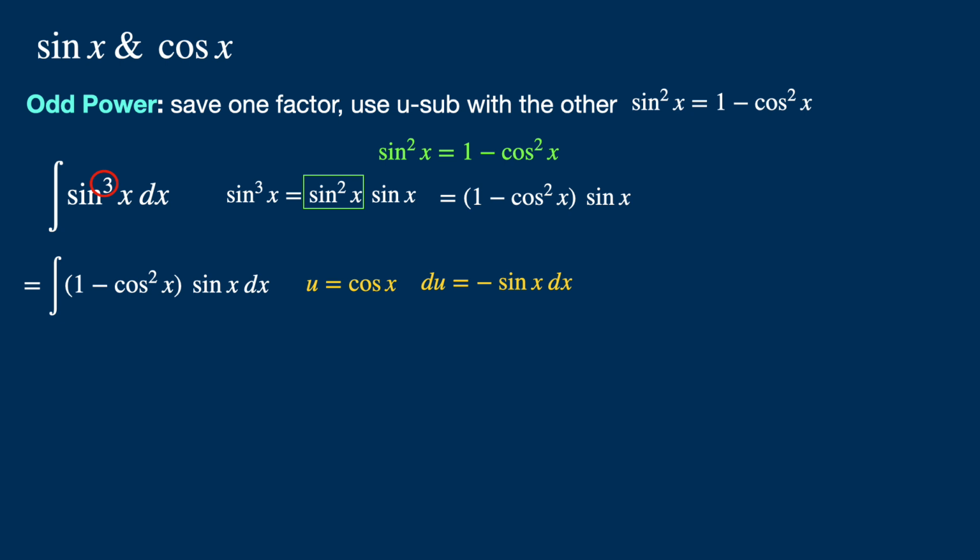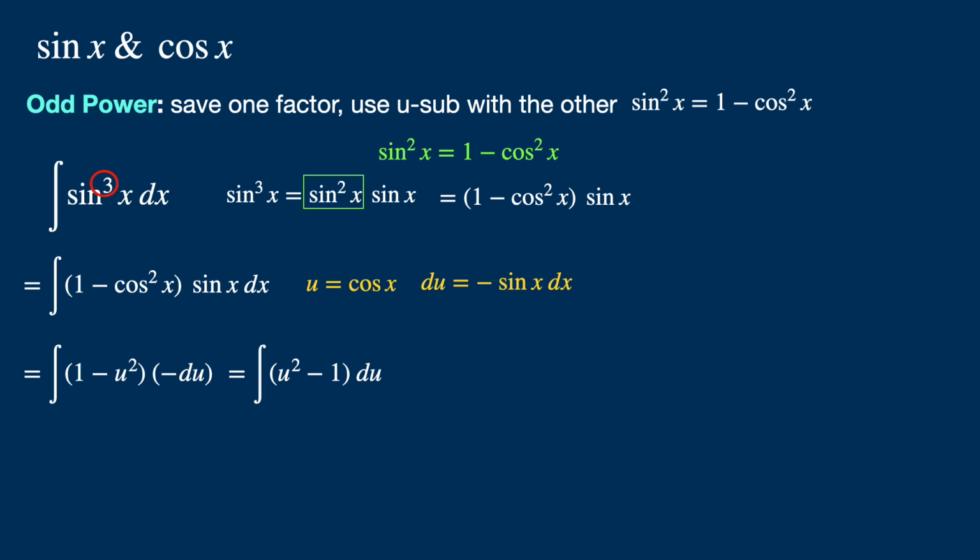Now, go back to the original integration, you see 1 minus u square, since cosine x is u, that's why u square. Sine x dx gonna be negative du, so u times negative du, distribute the negative, that's gonna be u square minus 1 du.